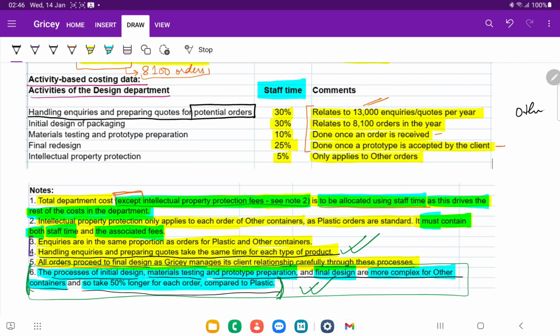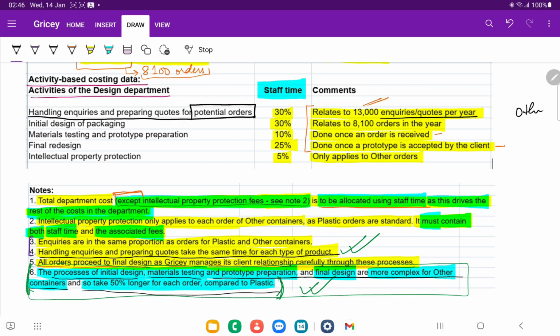This is the kind of work which they are doing for those who are not the company's customers right now, because they are potential customers. So basically 30% of your overall cost is spent on inquiries and quotations, right?